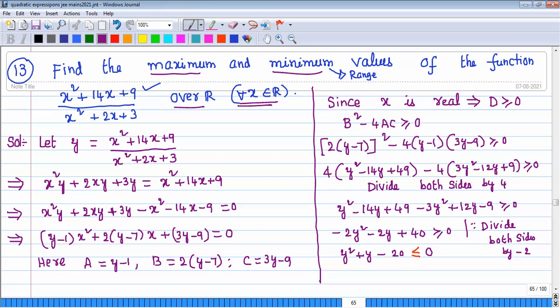So now y square plus y minus 20, factorization we need to do. What are the factors you shall get?